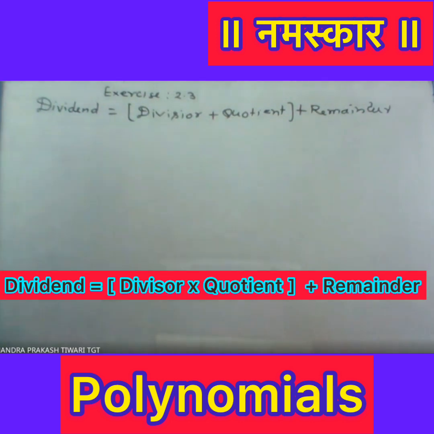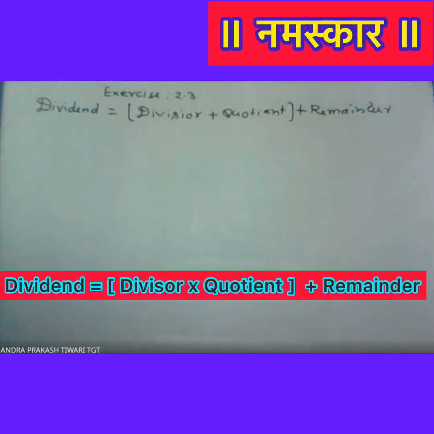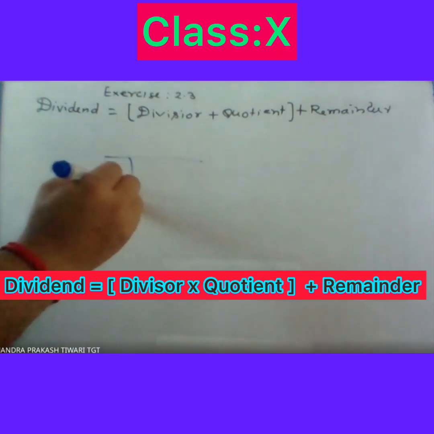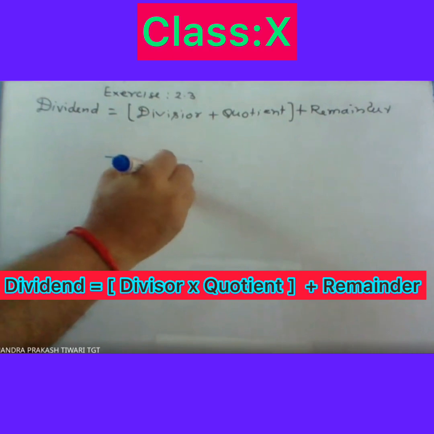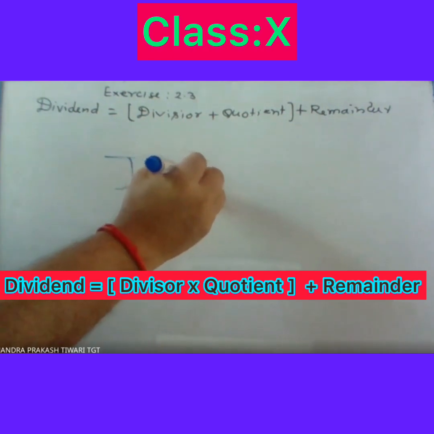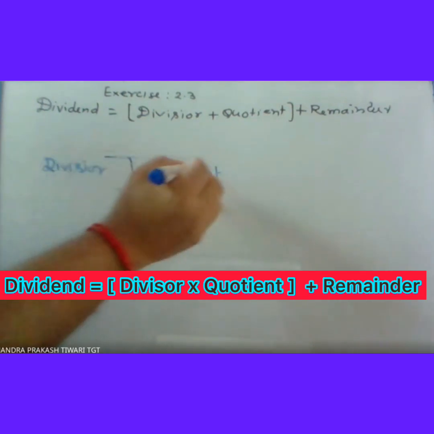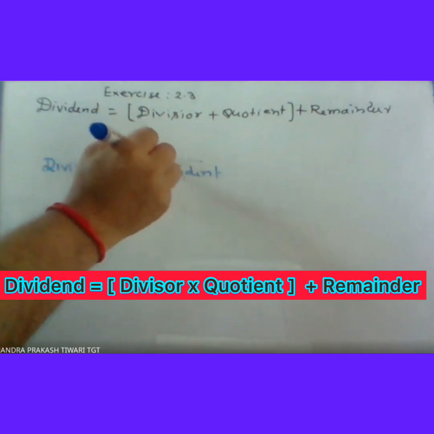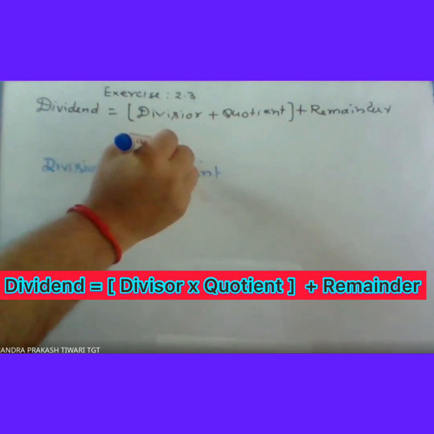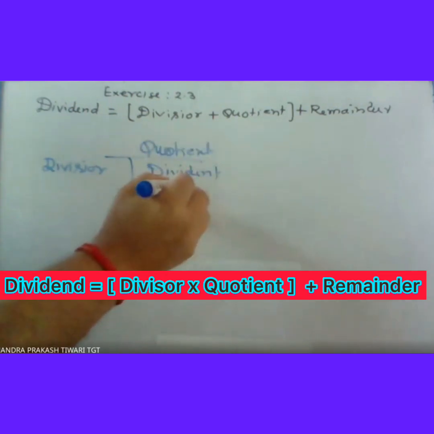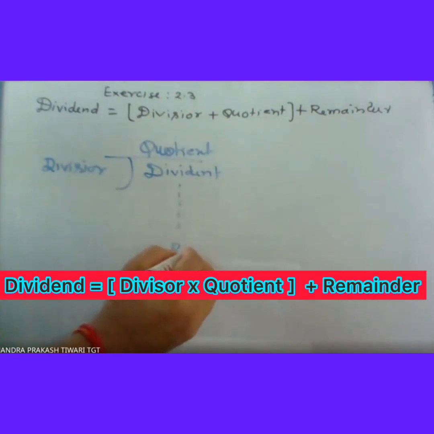If you write the division process, this is known as the dividend, and this is the divisor, and here you will get the quotient, and then you will get the remainder.